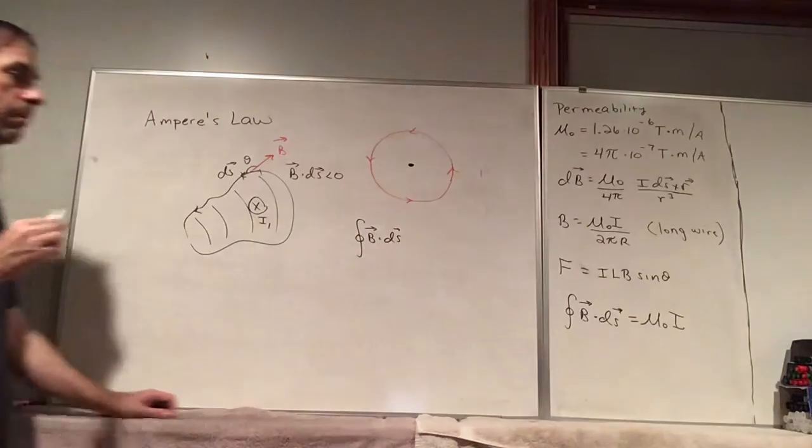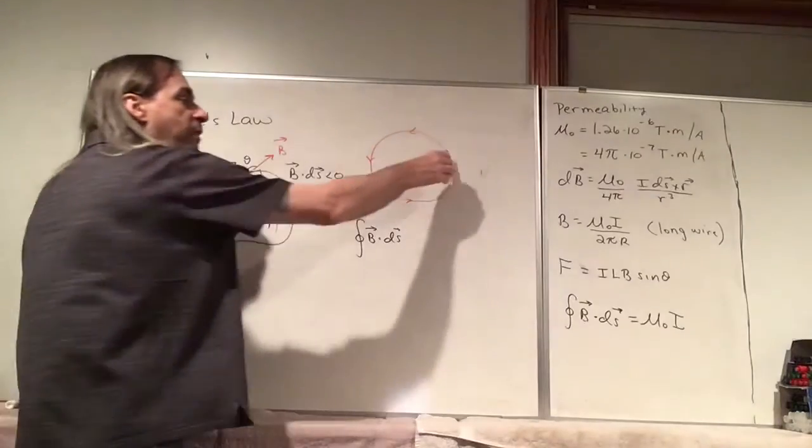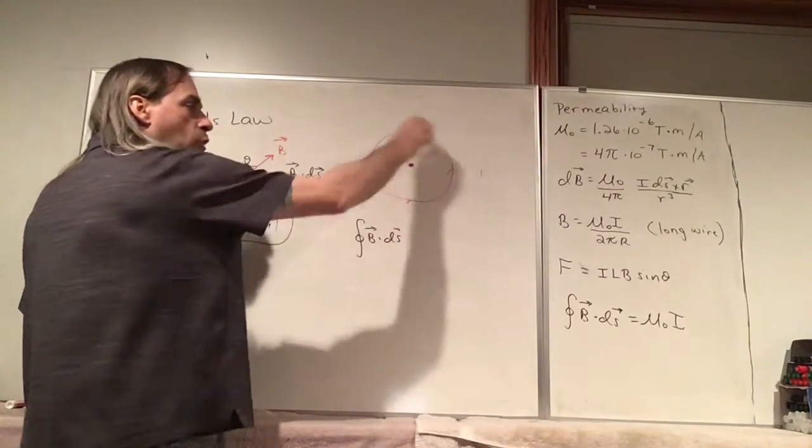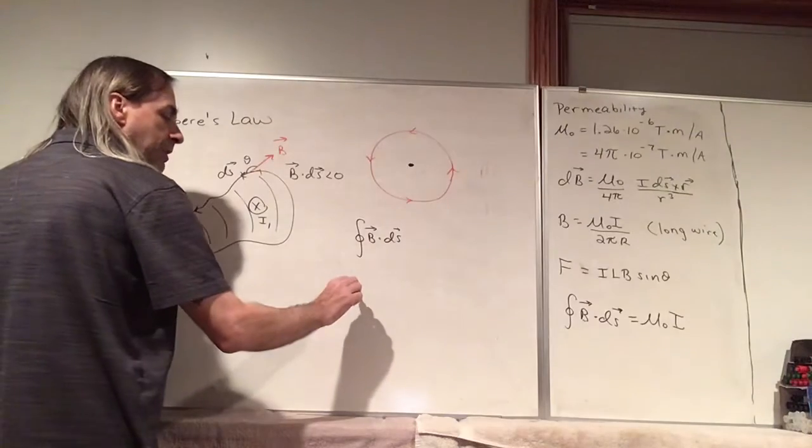Now, B dot ds: the magnetic field lines circle around. They form circles centered on the wire, and our curve is circular. And so I'll just do this down here.